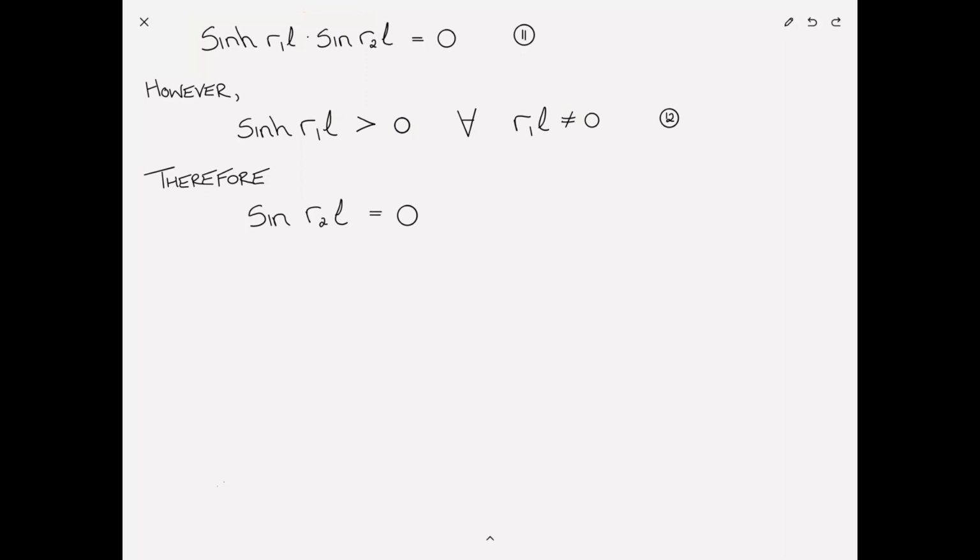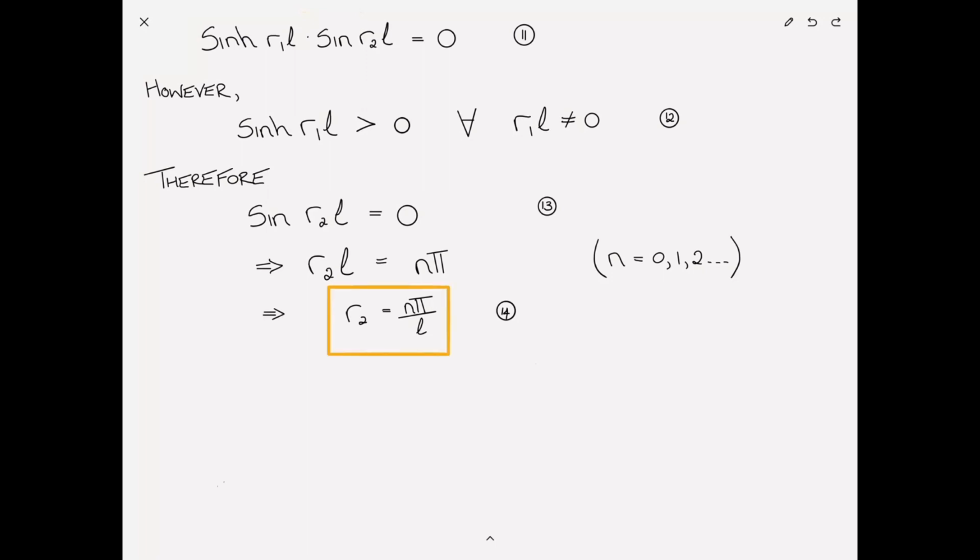And we've seen this before, where because it's a periodic function, R2L must be equal to integer values of pi, n pi, where n is 0, 1, 2, 3, etc. And the n, the number, corresponds to the mode shape. So we can rewrite this equation as R2 is equal to n pi divided by L. Let's number these 13 and 14, and we'll put a box around this intermediate solution.